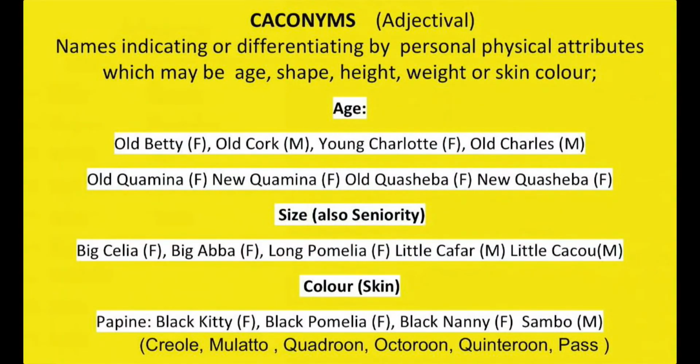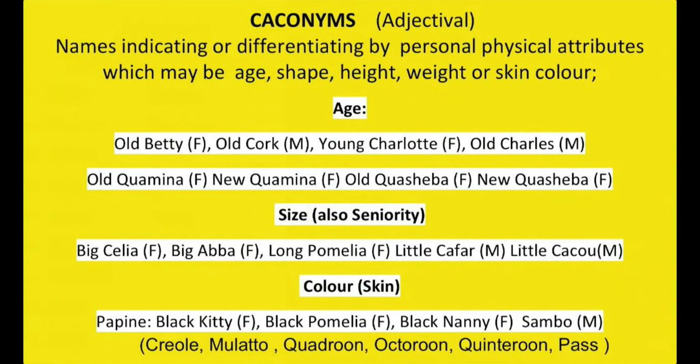Caconyms are a very interesting syntactical group because caconyms are names that are phrasal, and therefore compound forms of names. Caconyms can be described in today's terms as what we would call pejoratives, but it might have been very different then.